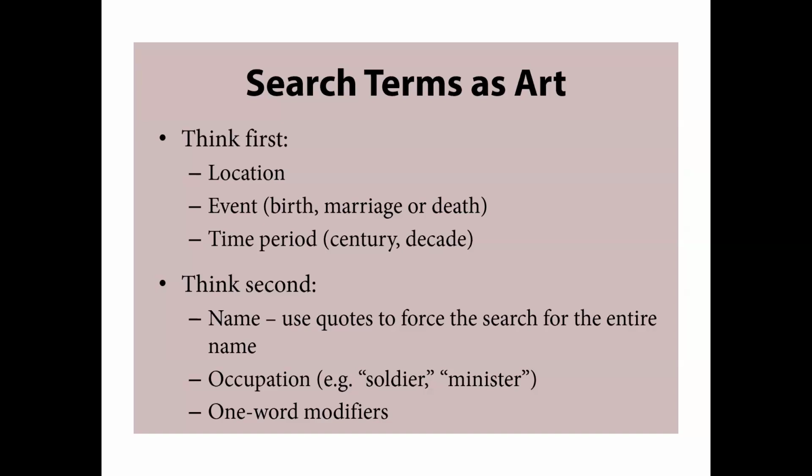Secondly, is when you start to think about, okay, now I want to place my person by name into the search. Depending on the site, for example if you were searching a newspaper site, I like to use quotation marks to make sure I'm searching for someone's name exactly as I typed it, first and last name.